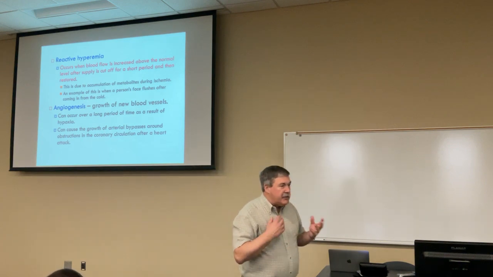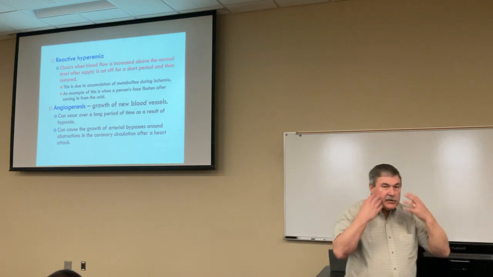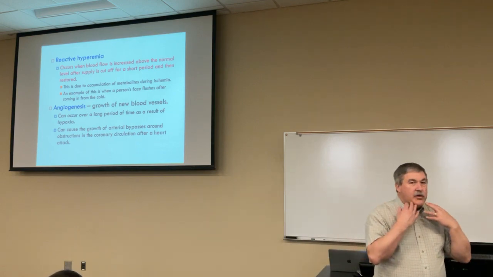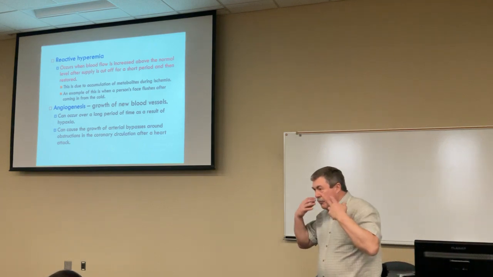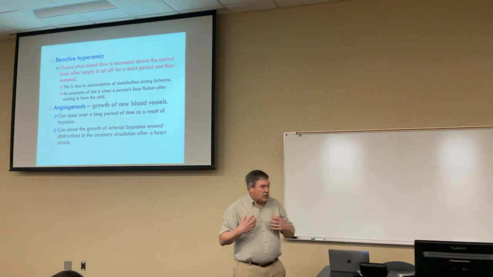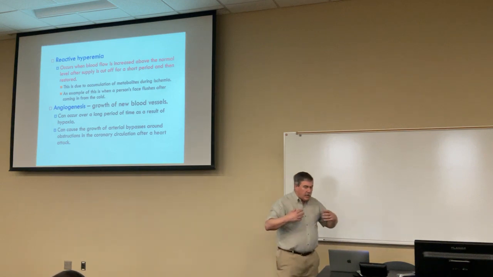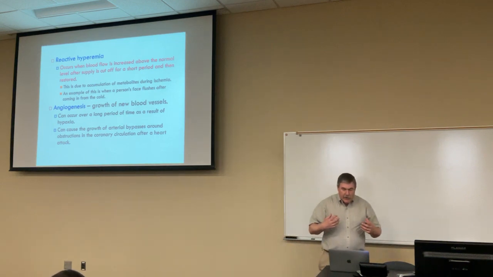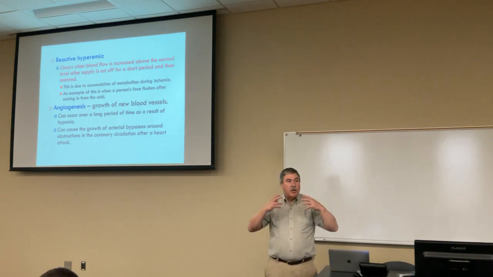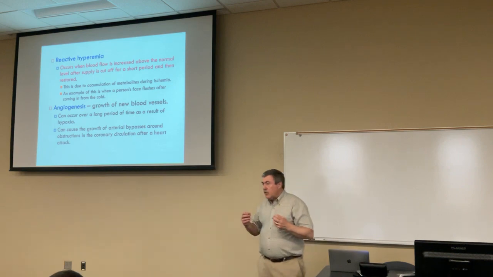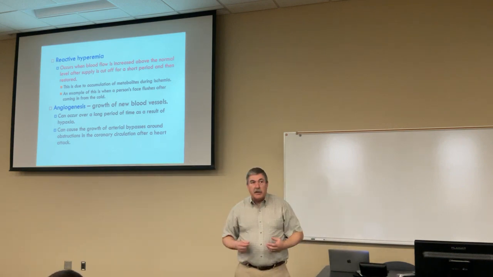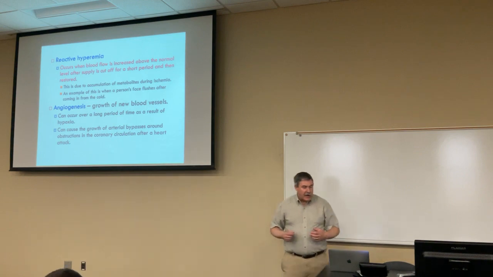If you go outside for a long period, that's going to restrict blood flow to your skin, and so metabolic byproducts are going to start building up in your skin. Then when you go inside, your face looks red. It's more flushed because those metabolic byproducts cause vasodilation and an increase in blood flow. That's called reactive hyperemia.